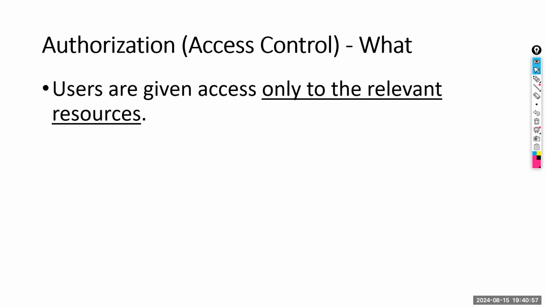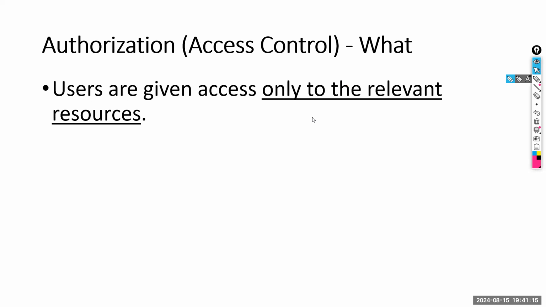Then they need to call the supervisor. They are not authorized to do that. Maybe some reports only the managers can see. Others are not authorized to view the report. That is called authorization.